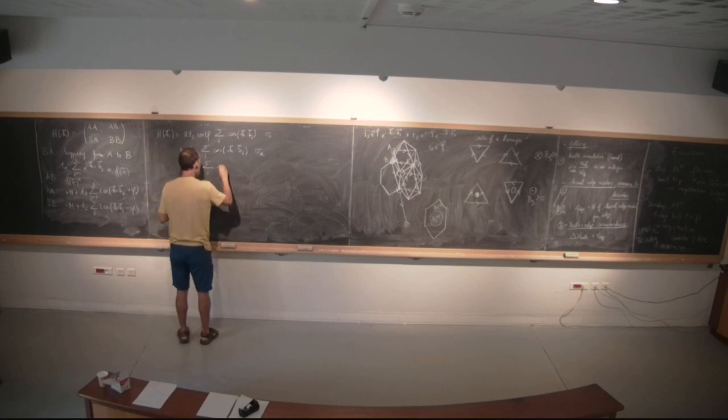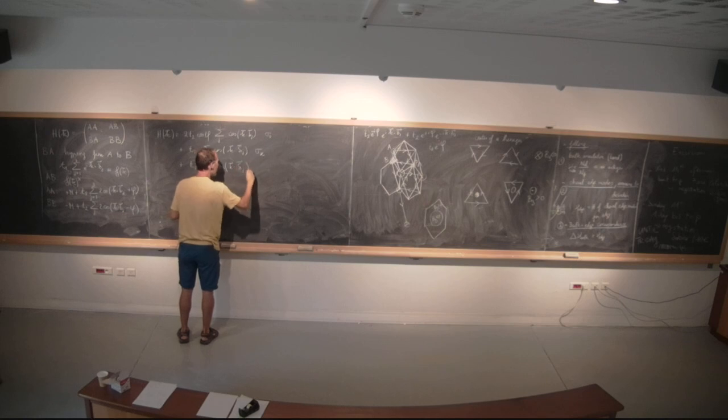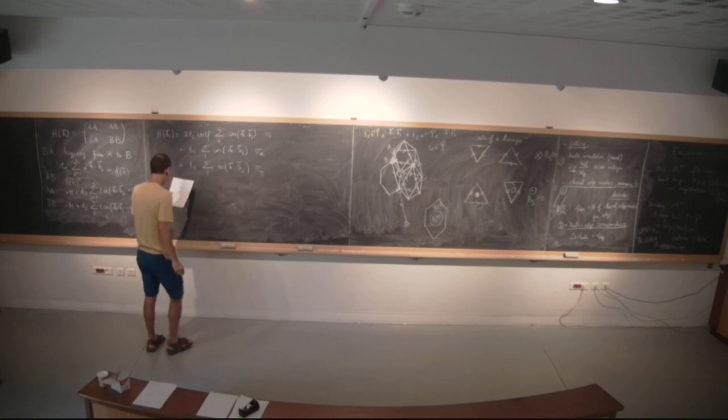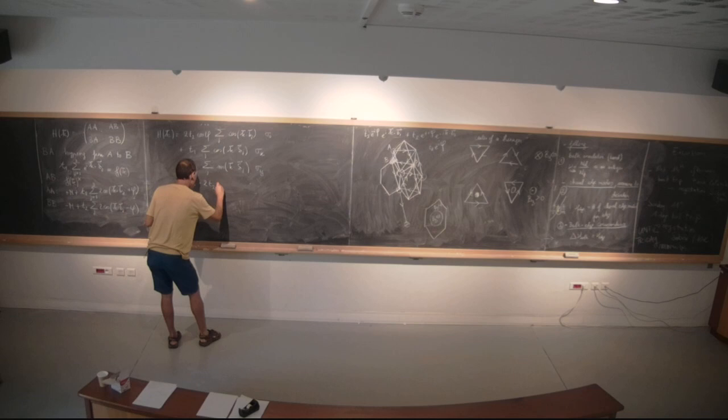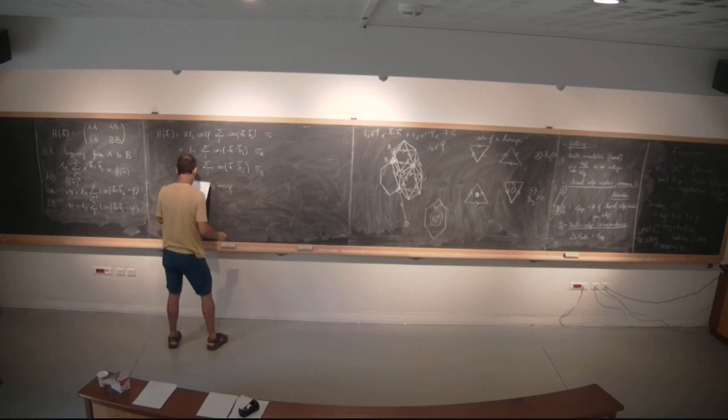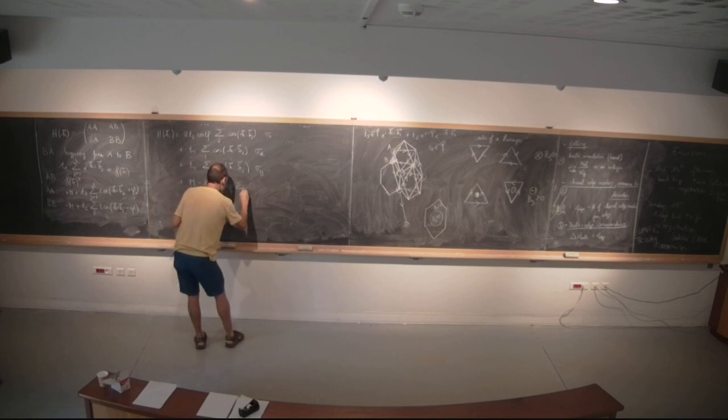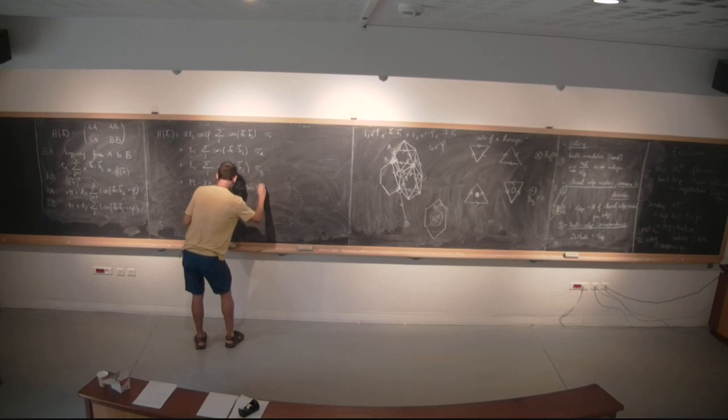I have a similar term but with a sine for sigma y. And finally, I have a term for sigma z, which goes like m minus 2t2 sine phi sum over j sine k dot bj sigma z.